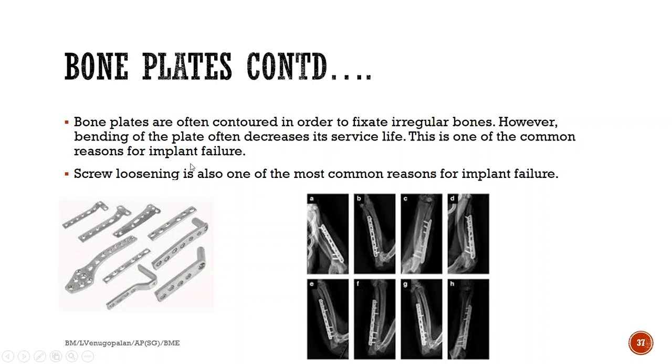This looks like radius to me, but correct me if I'm wrong. No, it is humerus, I think, because I can see the rib cage here. So this is inserted in humerus, and the plate is fixated in the shaft of humerus with the help of the screws.